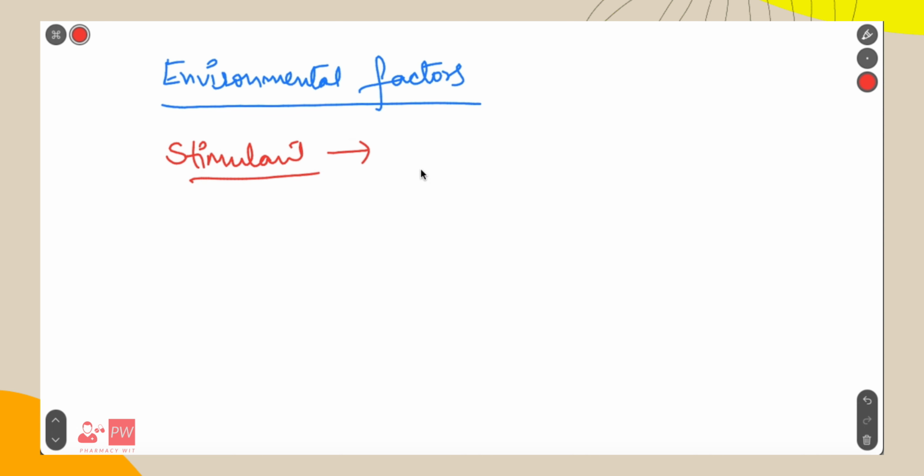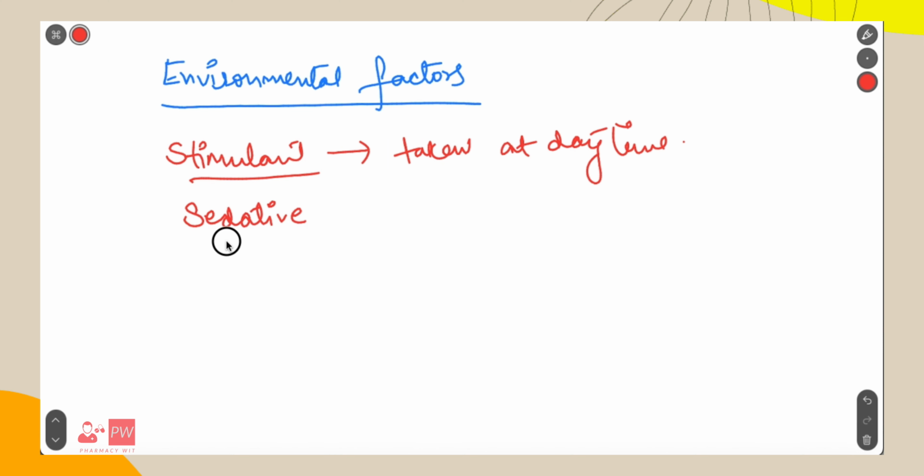What are stimulant drugs? They increase the activity of the central nervous system, for example caffeine and nicotine. These types of drugs are taken at daytime. And sedative types of drugs are taken at night time.